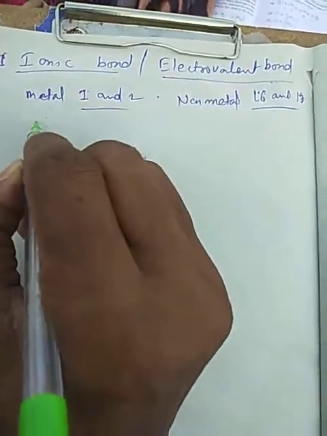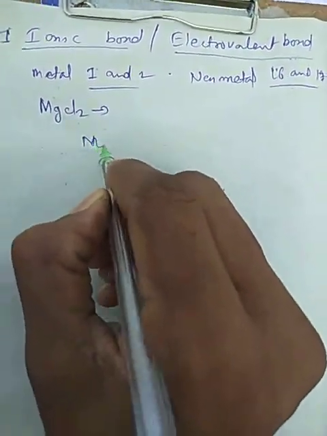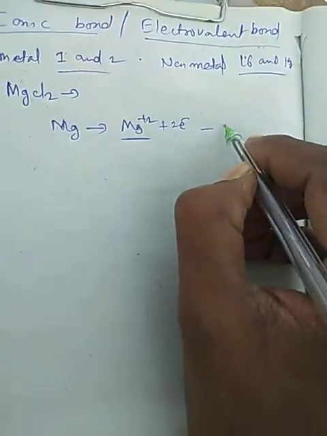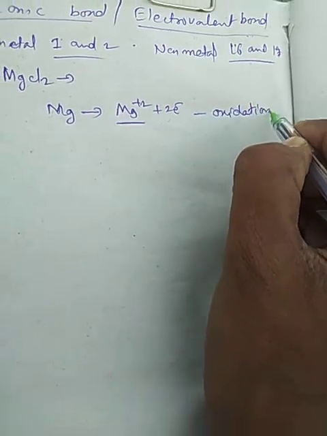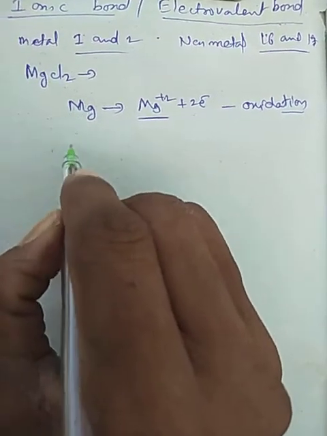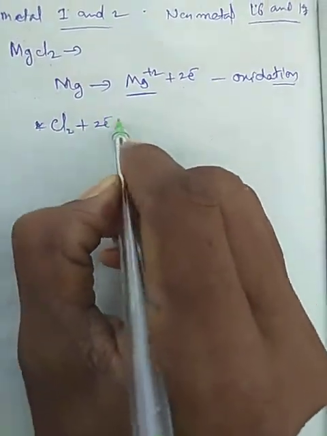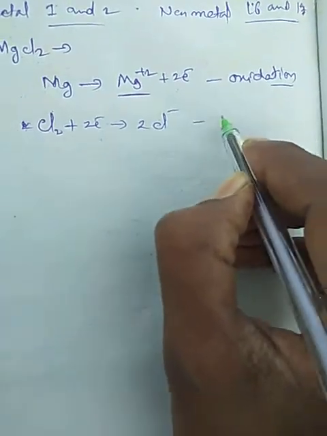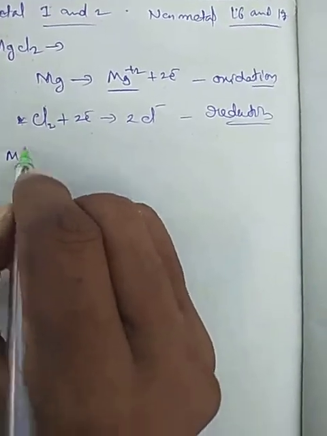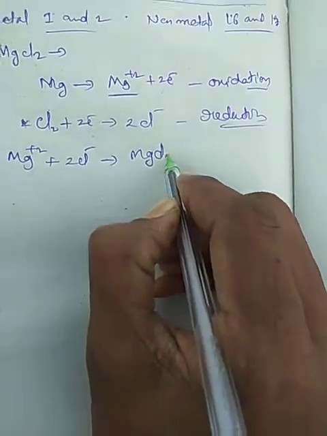For example, take magnesium chloride. Magnesium loses 2 electrons, undergoing oxidation, to form Mg2+. Chlorine gains electrons to form 2Cl minus, undergoing reduction. Together they form MgCl2.